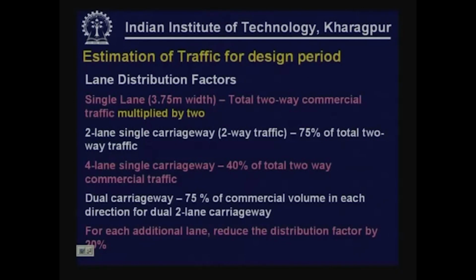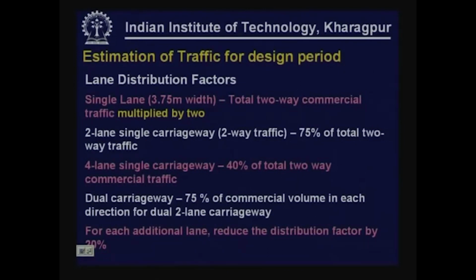The value of A has to be adjusted for lane distribution. For a single lane having a width of about 3.75 meter, the total two-way commercial traffic multiplied by 2 has to be taken. Though it does not appear to be very logical, this is the guideline that IRC 81 has.